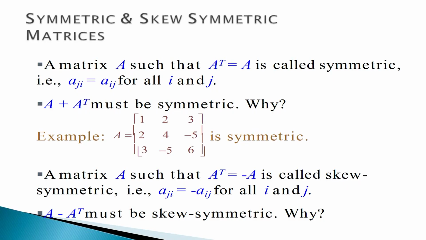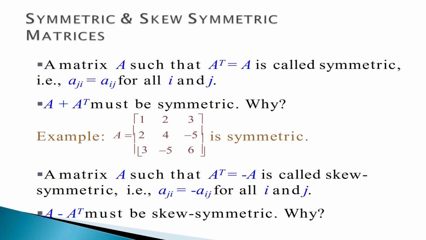Next is what is a symmetric and skew symmetric matrix. Matrix A is said to be symmetric if the transpose of A is equal to A. Always A plus A transpose must be symmetric. Here is an example. A is the matrix 1, 2, 3, 2, 4, minus 5, 3, minus 5, 6, which is a symmetric matrix.